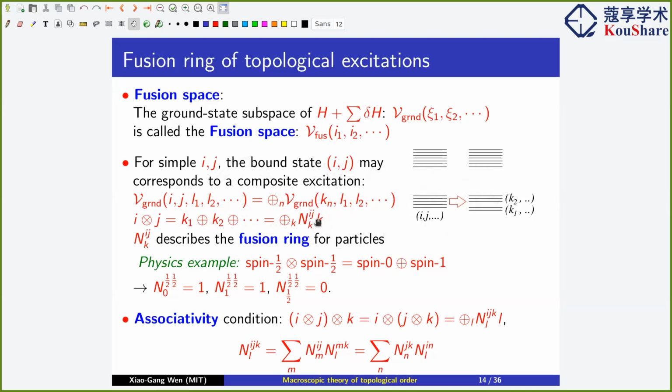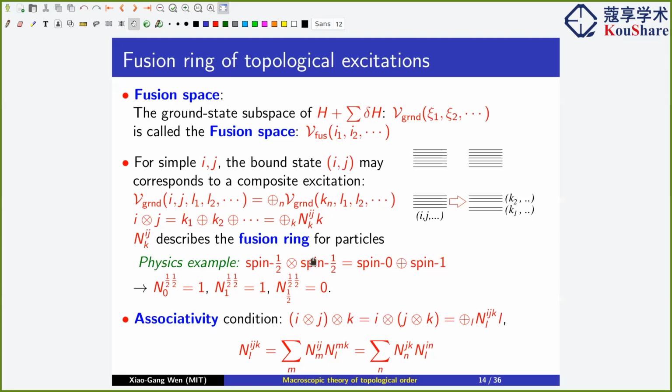So the N_ijk describes the bound state structure, the fusion of two elementary particles. Now we see that the theory for the excitation is pretty non-trivial. You have all these structures, and N_ijk should be an integer tensor with no negative entries, or a non-negative integer tensor.